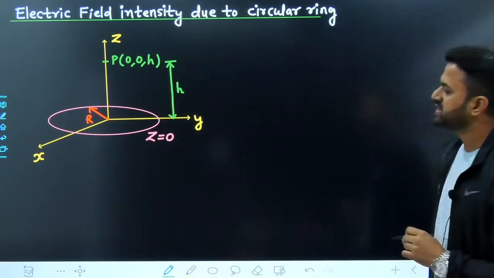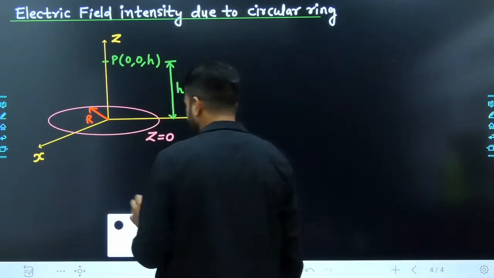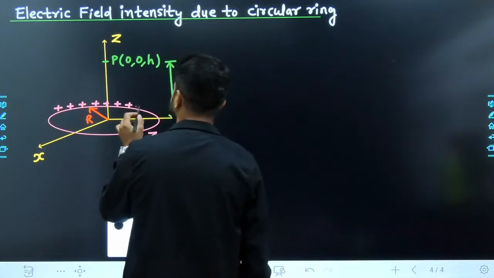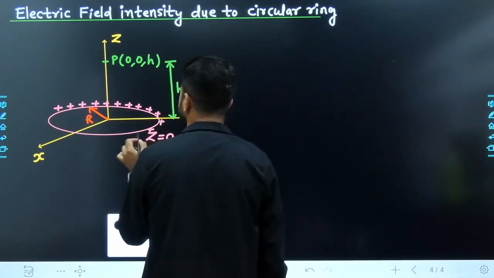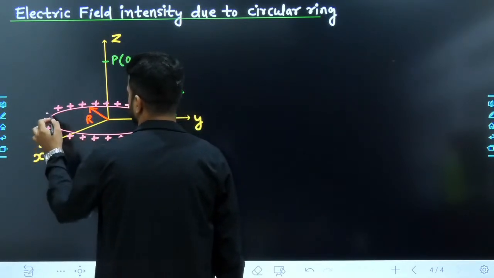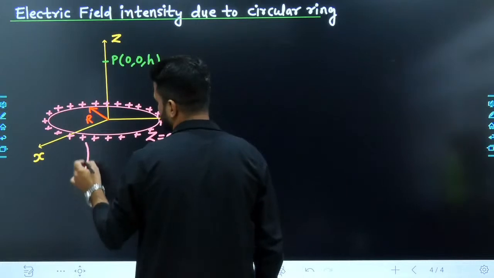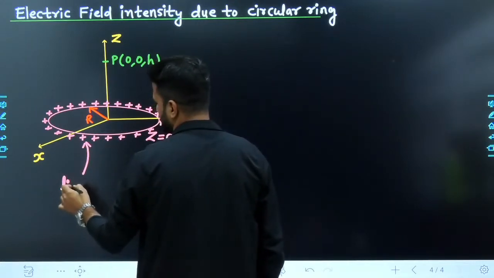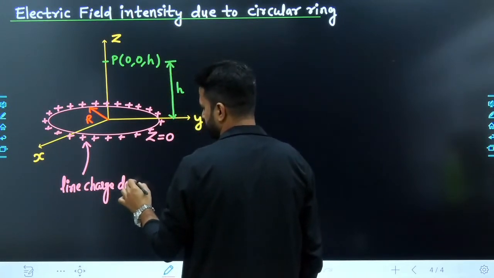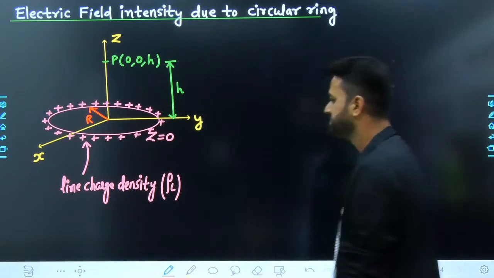So now we want to calculate the electric field at point P. Because you are calculating it for the charged circular ring, the charges are distributed on that circular ring like this, and if it is distributed in the ring, it is defined by the line charge density rho L.